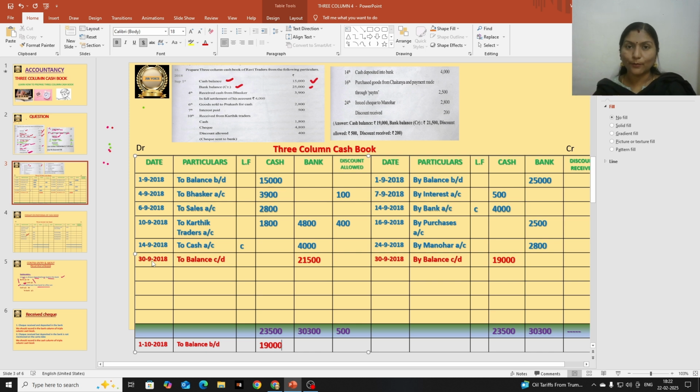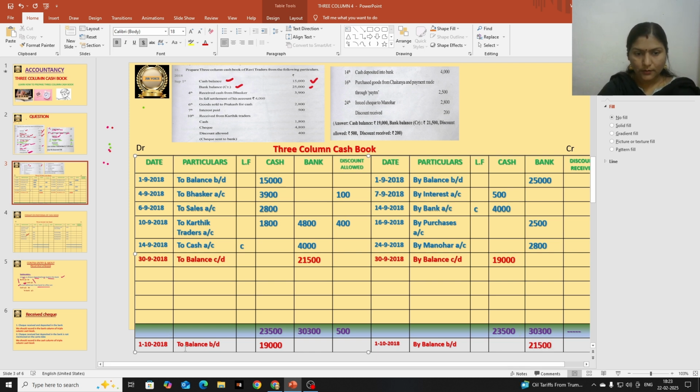We are going to write brought down on the credit side, the opposite side under the totals. So let us write it. The date is again the opening date of next month, 1-10-2018. So by balance brought down, we will put the amount in the bank column, 21,500.